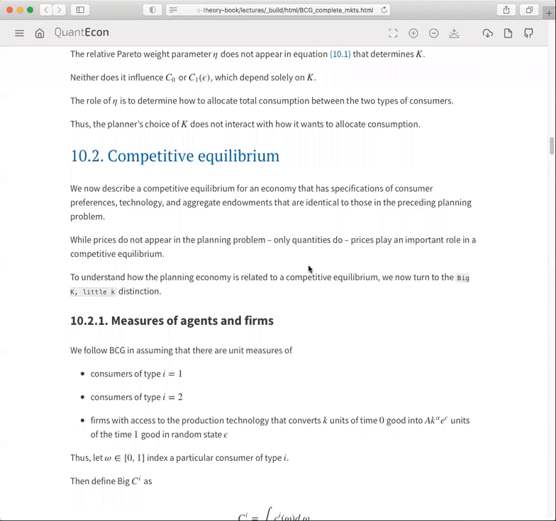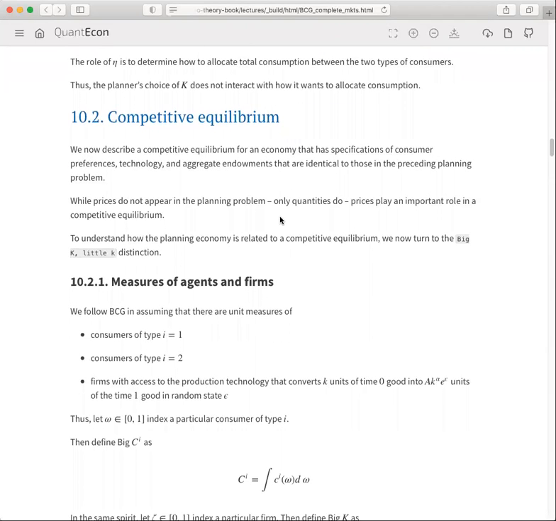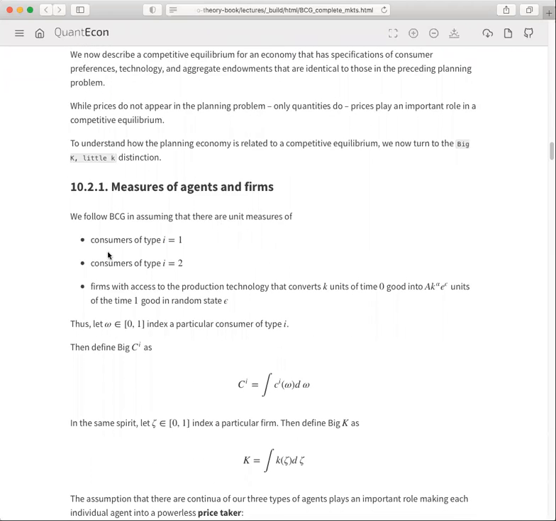So here's the deal. There's going to be unit measures. There's going to be continua of consumers of type 1. They're all going to be identical, but there's going to be a continuum of them, of both types, and there's going to be a continuum of firms with access to the production technology that converts K units of consumption in time 0 into A K to the alpha E to the epsilon units of the time 1 good in state epsilon.